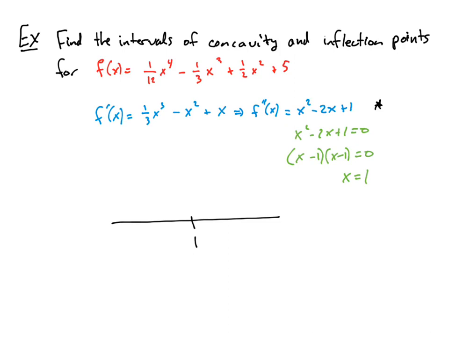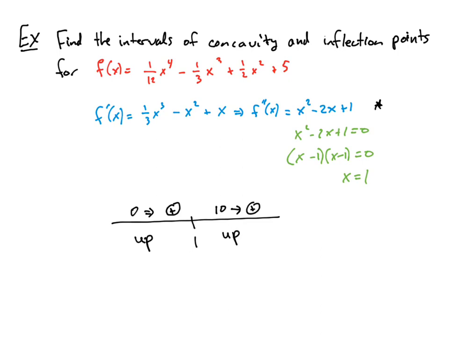So to the left of 1, we can substitute, 0 makes the most sense. When we input 0 into the function, we're left with 1, which is positive. So that means here we're concave up. Now I'll input some value to the right of 1. If I input 10, I get 100 minus 20 plus 1, that's a positive number.